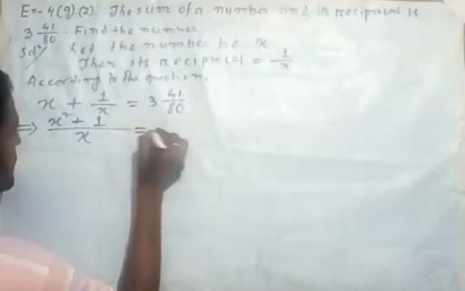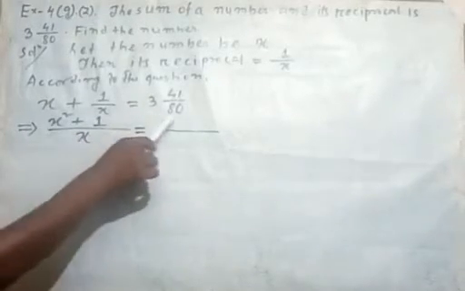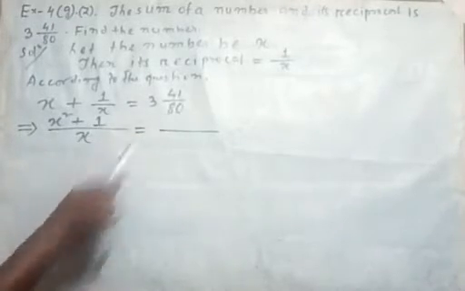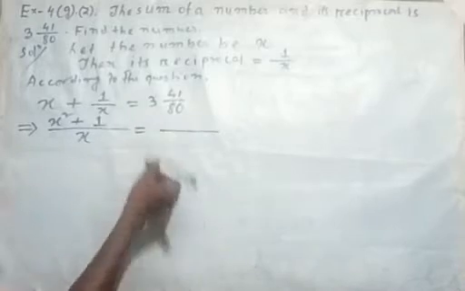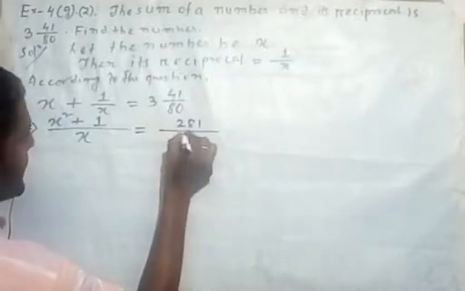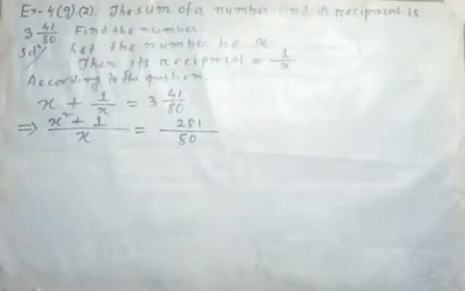This is equal to 3 and 41 by 80. 3 into 80 is 240, plus 41 is 281, so 281 by 80.